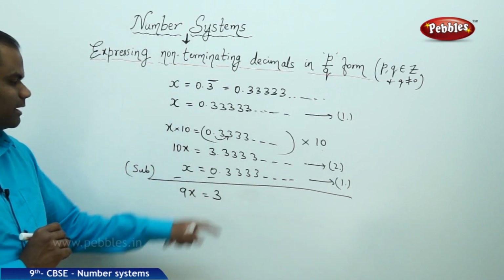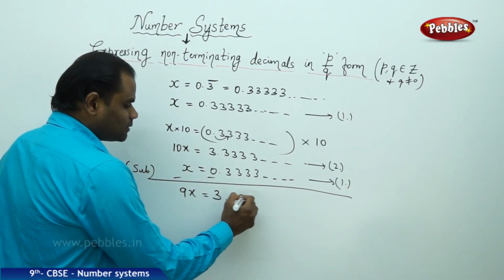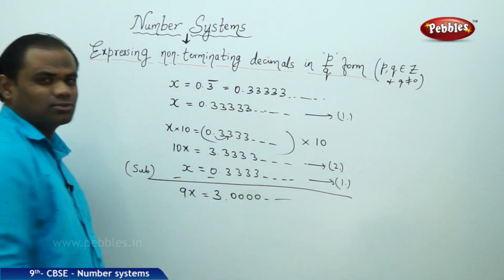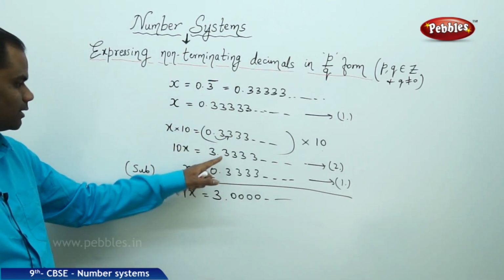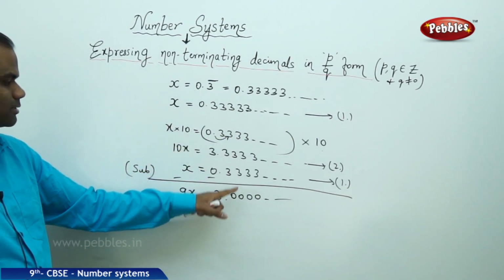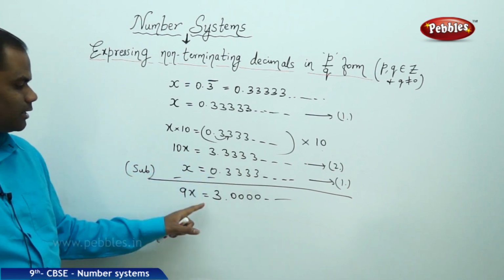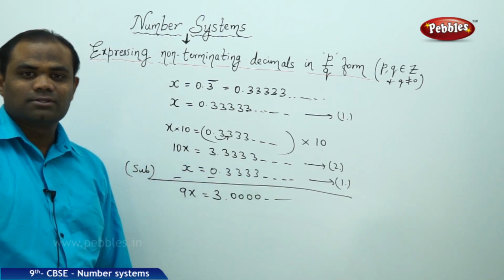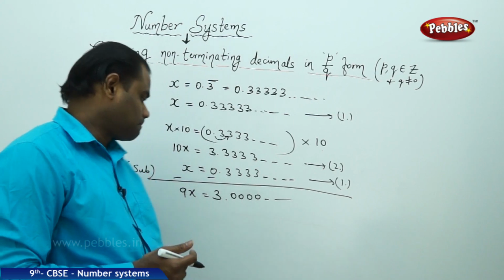The subtraction makes this 3.000 and so on, because 3 minus 0 is 3, 3 minus 3 is 0, 3 minus 3 is 0, and so on, all zeros till infinity.